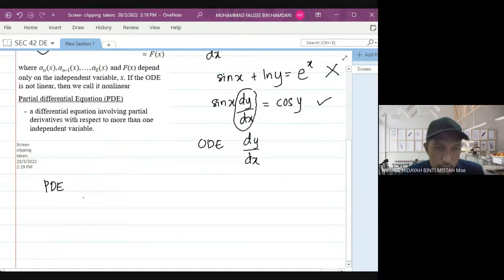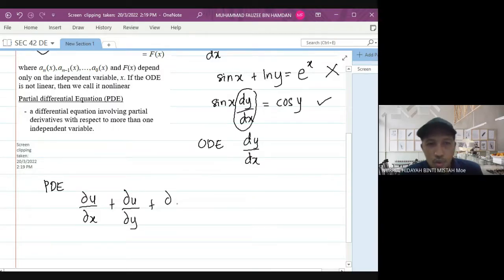For example, del u over del x plus del u over del y plus del u over del w equal to 0. So this is a partial differential equation.